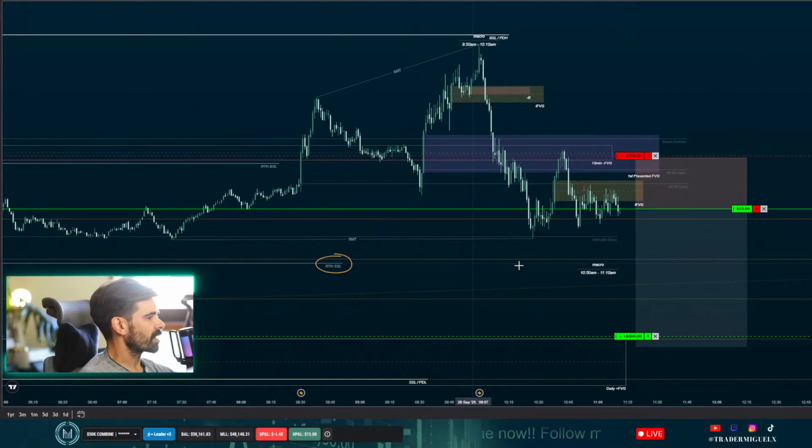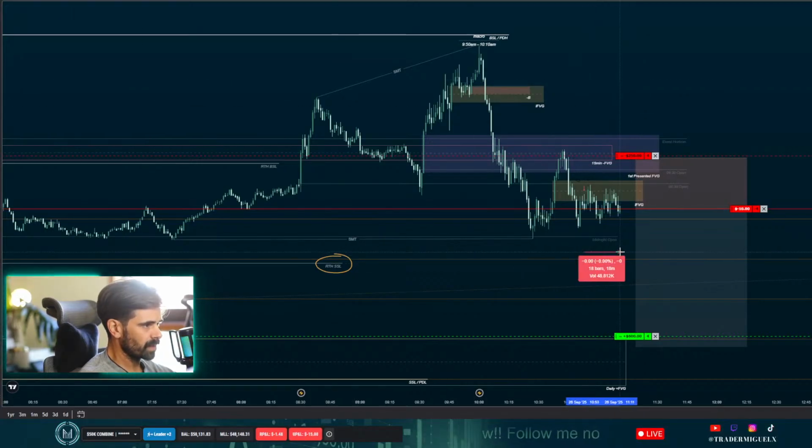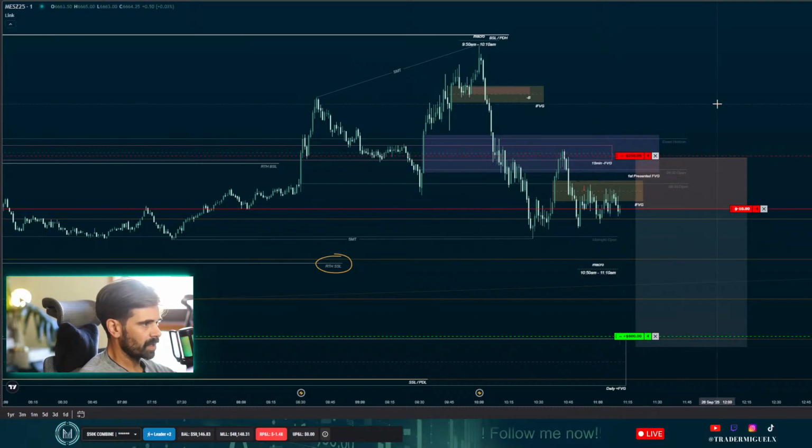Let me just check for how long we are in this trade. It's been 18 minutes. Not that long, but the way the market is acting, it's consuming a lot of mental capital, honestly.